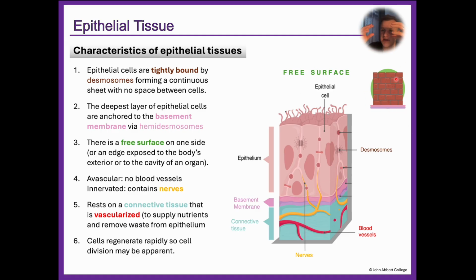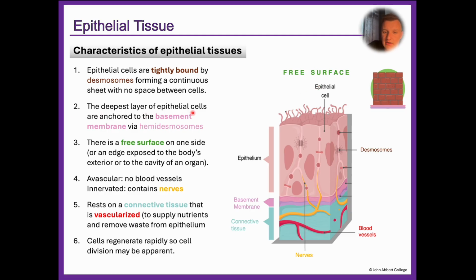You see that these bricks are tightly bound by cement and there's no gaps. You can't peek into this brick wall because over here there's cement, here there's desmosomes. They're anchoring proteins that are linking together the two cells, right? And there's no space between the cells. So all epithelium are tightly bound. It's not easy peasy to get through.